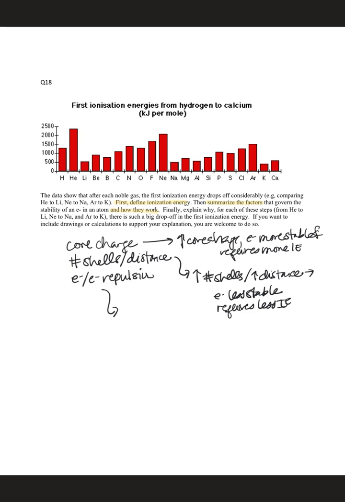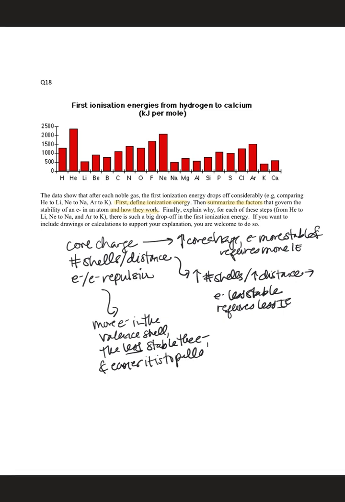This is the one that people often left off entirely, electron-electron repulsion. What I was looking for here is that the more electrons in the valence shell, the less stable the electrons and the easier it is to pull off.